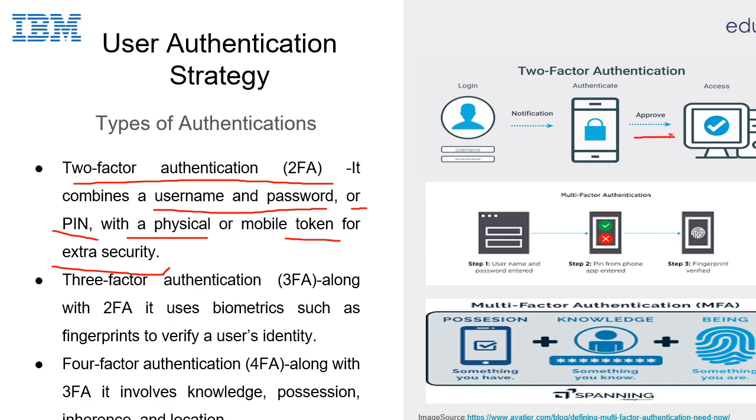Then only will it be accessible. This can happen in Gmail also. It has a username and password. After that, a token for extra security will be sent to the mobile. When we confirm that token, then only will it be accessible. That is two-factor authentication.